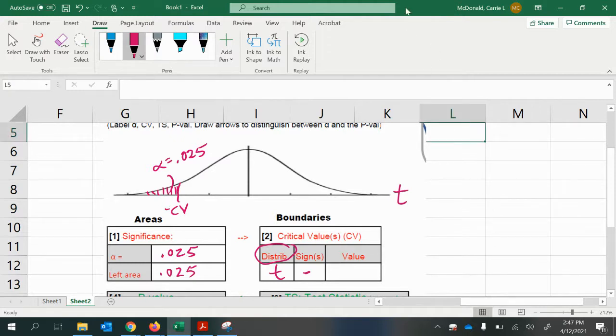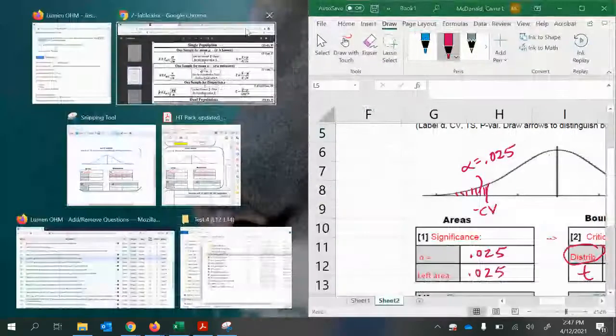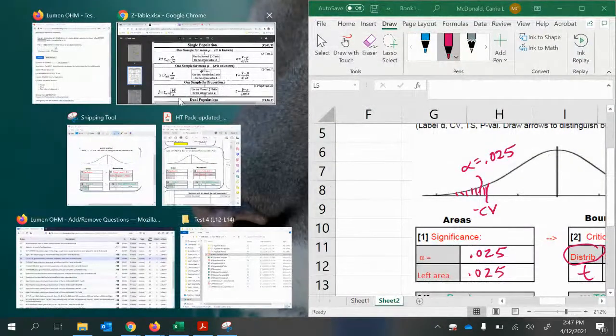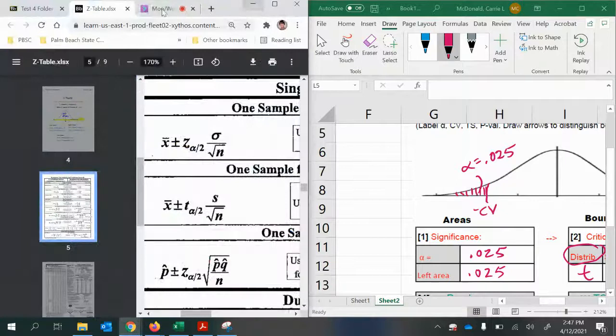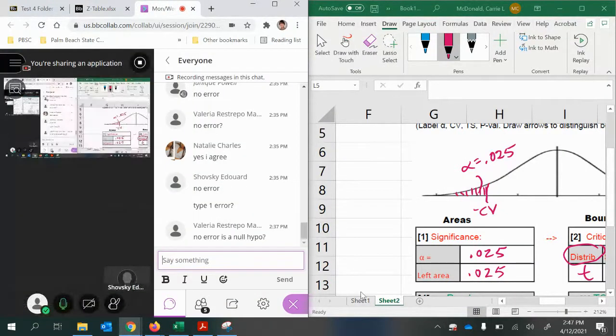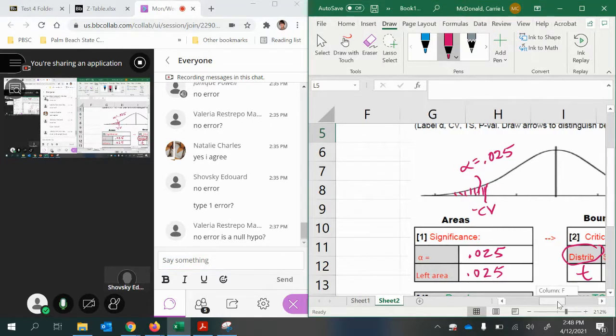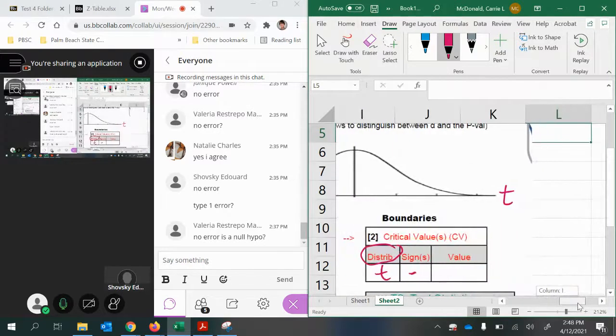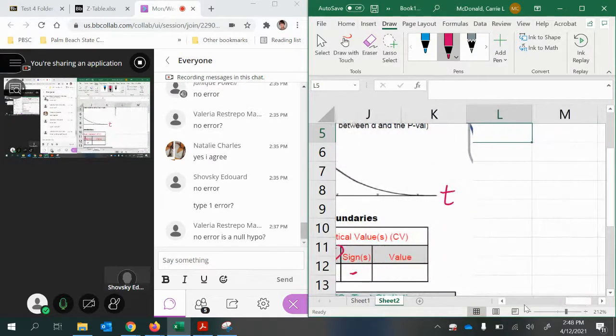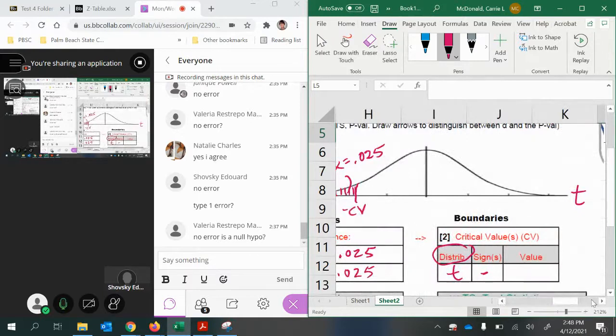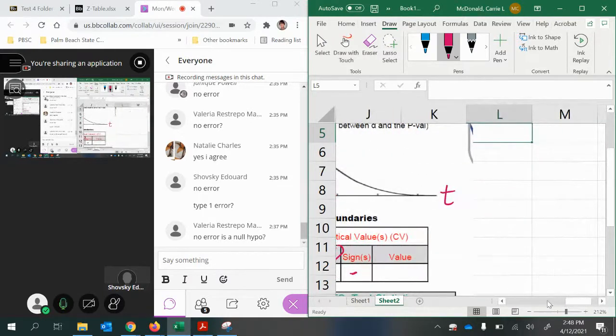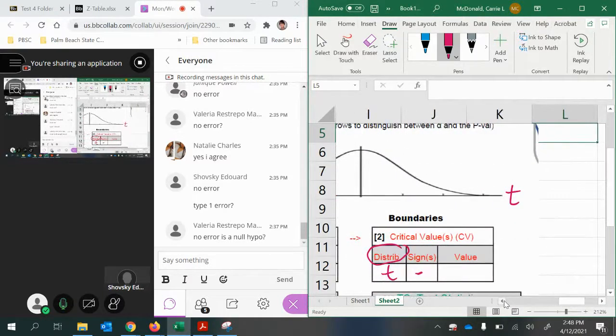Oh, wait. I know somebody knows this one for sure. We just had a test on that. How do you find a t-score when you have a known area? What do I do here? Do you have an Excel function that might help us out here to find that t-score?